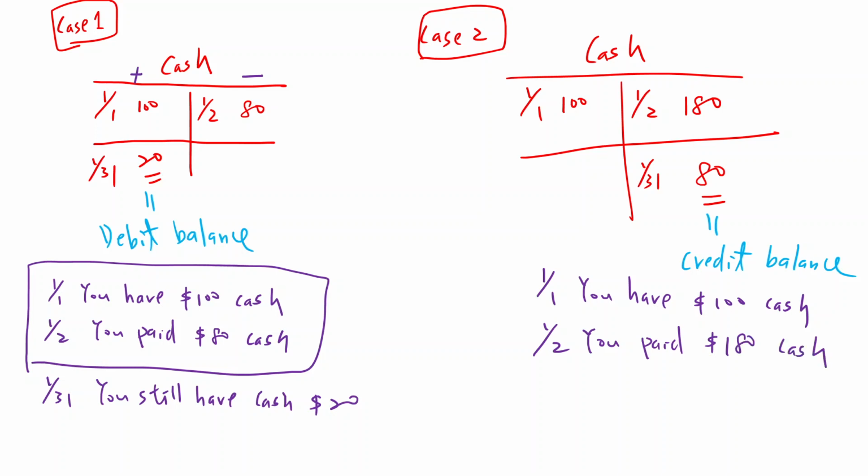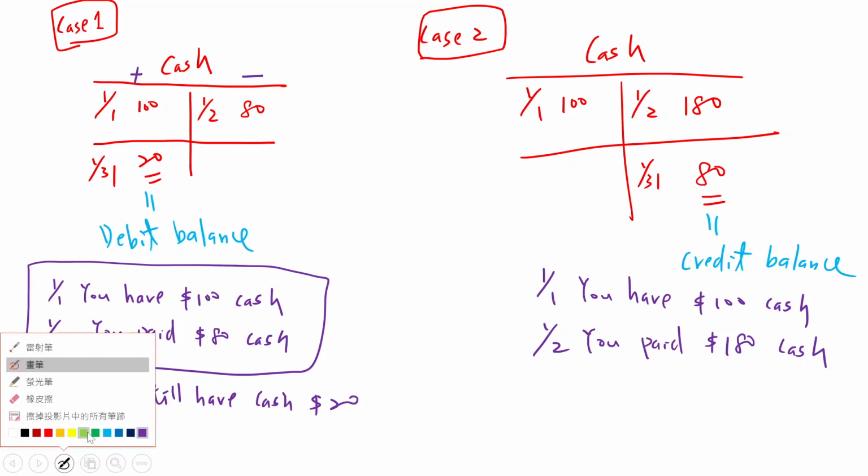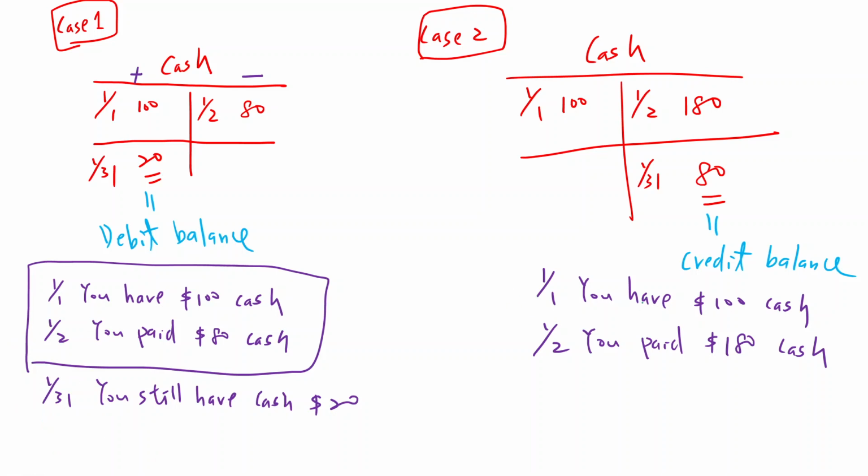Look at these two sentences. Is it possible? You have cash of only 100. How could you pay 180? Where could you get the cash to pay more? Impossible, right? So based on this, you will find out it does not make sense for case 2. Why not? You have only 100 cash.